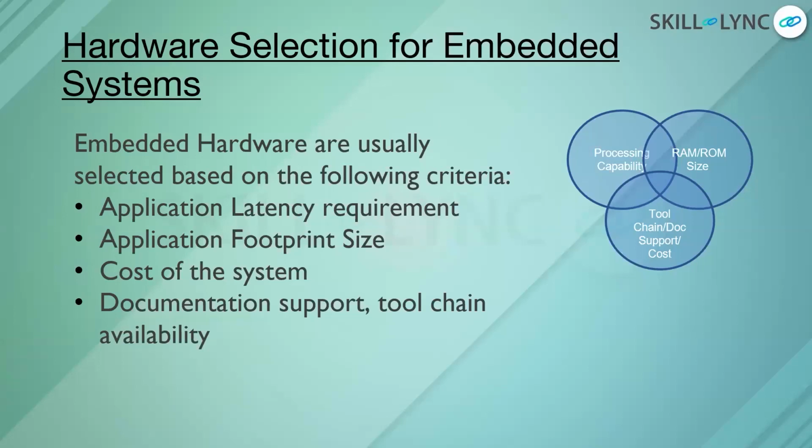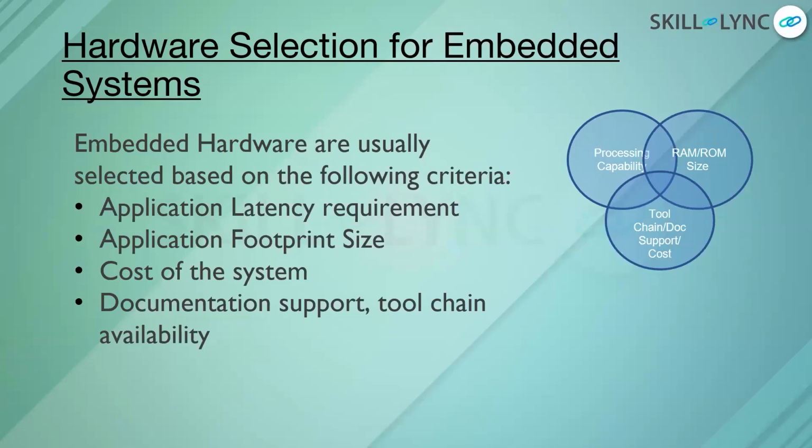A typical hardware selection for an embedded system is based on these three criteria. We'll consider its processing capability. We will consider the RAM and ROM size. We'll consider tool chain and documentation support, and the cost.